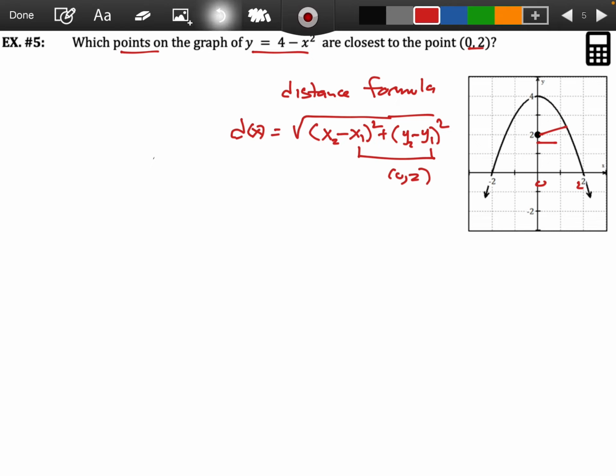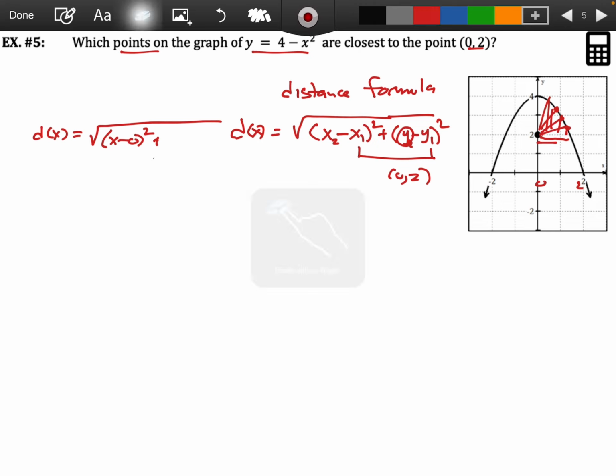But our y value is the change in y's. Well, we have our 2, and then we have that change. As the graph continues, you're going to have a change in y, and that y distance is going to be given by our function. So the distance formula that we're going to be using is the square root of (x minus 0) squared plus our y value.